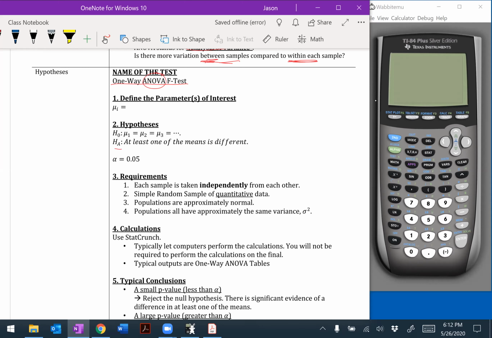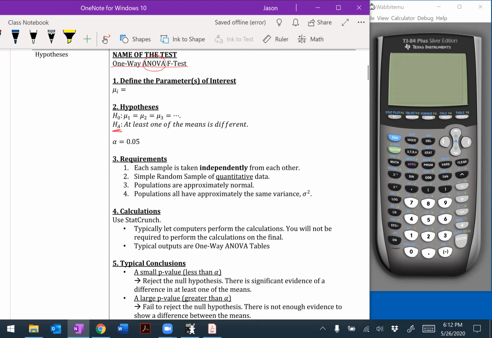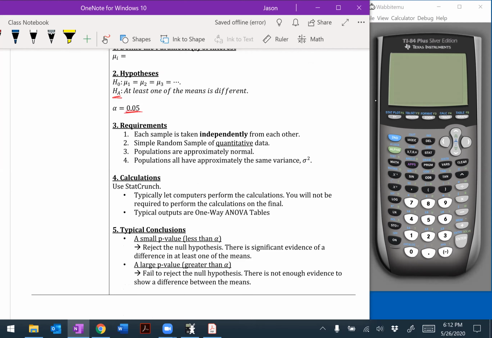The alternative is that at least one of them is different. Only one has to be different for me to reject the null and accept the alternative. If they're all the same, then we accept the null. We're using a significance level of 0.05.